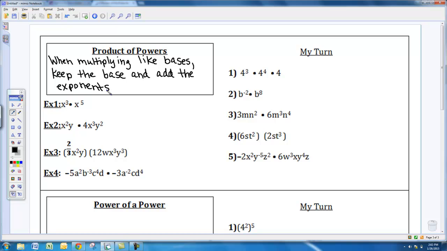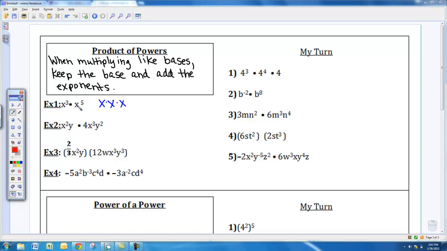Let me give you an example of how this rule would work. Let's look at example 1. We have x cubed, x to the third power, times x to the fifth power. We know that x to the third power means multiply x times x times x.